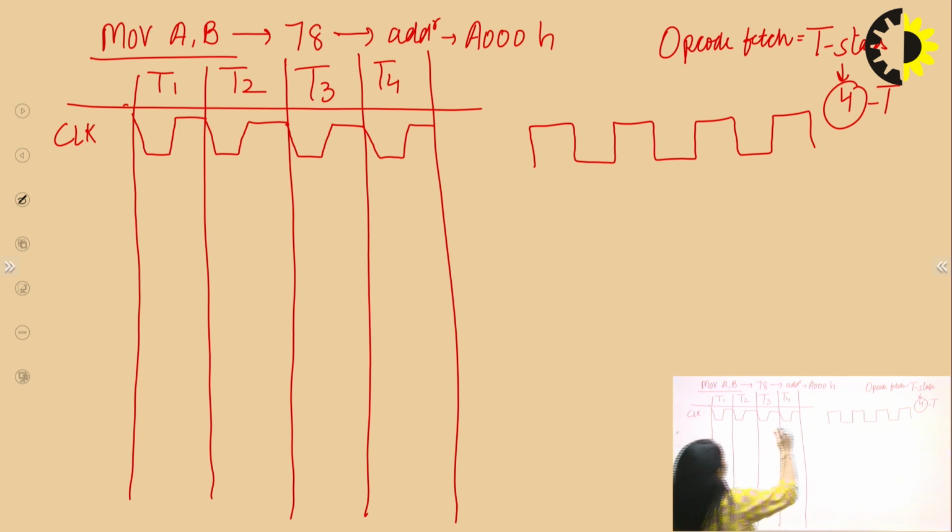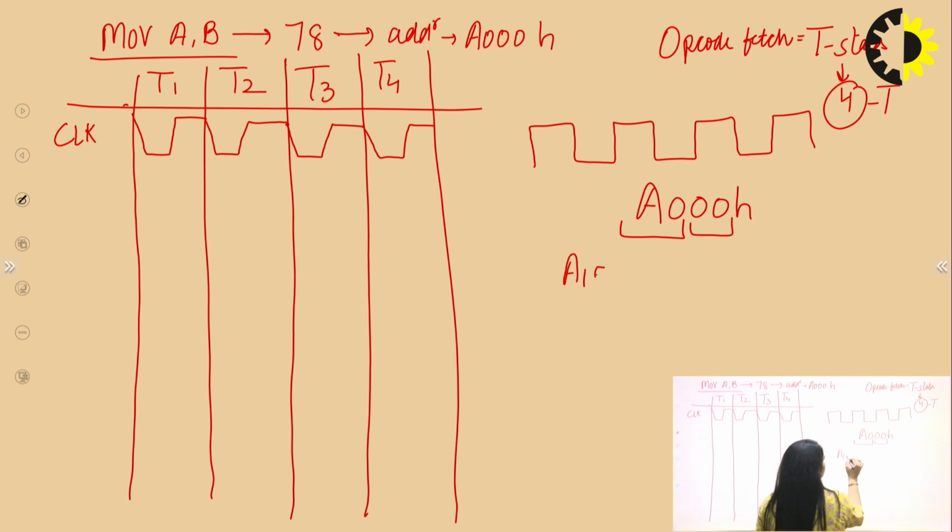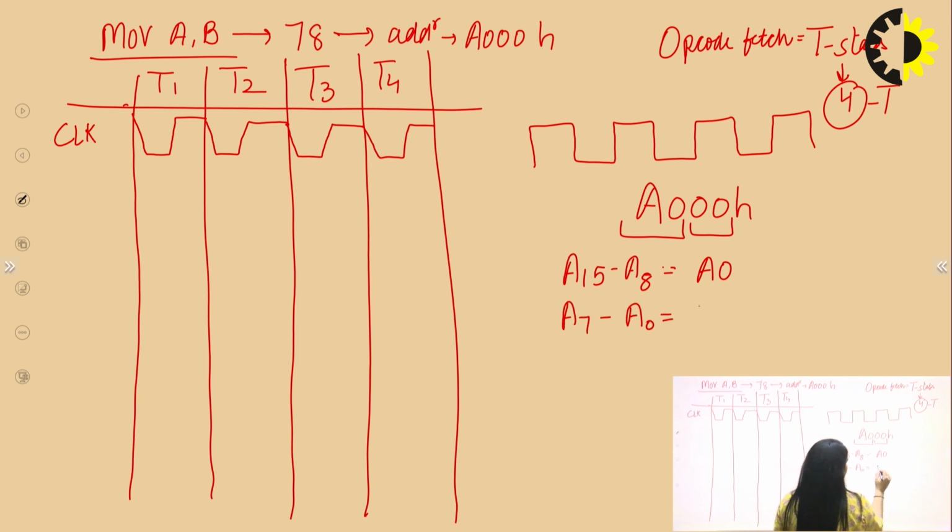Next thing, if the address is A000H, it has a higher order address and a lower order address. So the buses from A15 to A8 will be carrying A0, and the address bus from A7 to A0 will have the address 00H, hexadecimal numbers.